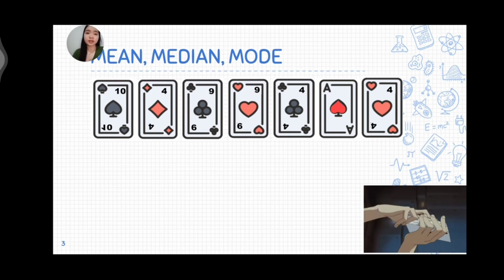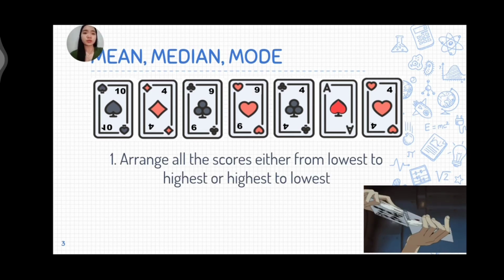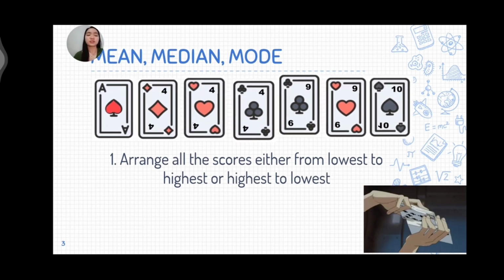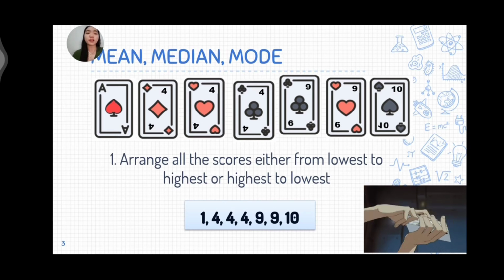In order for us to solve the mean, median, and mode, the first thing we must do is to arrange all the scores either from lowest to highest or highest to lowest. For uniformity purposes, we're going to arrange the scores from lowest to highest. Let's arrange it. So we have here 1, 4, 4, 4, 9, 9, and 10.